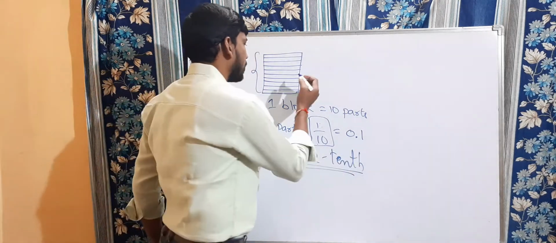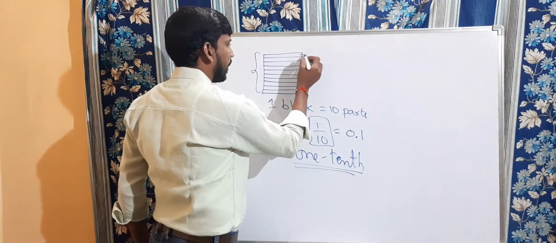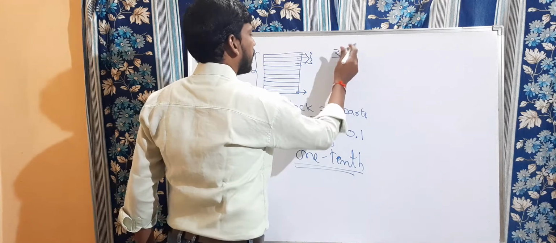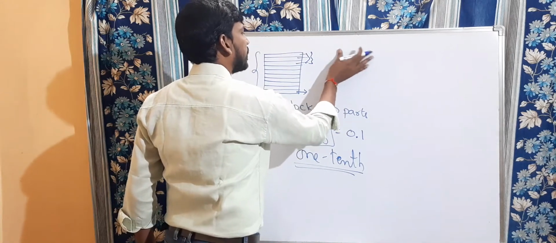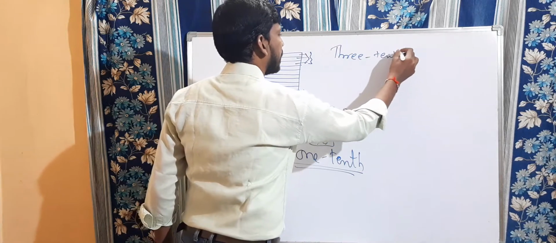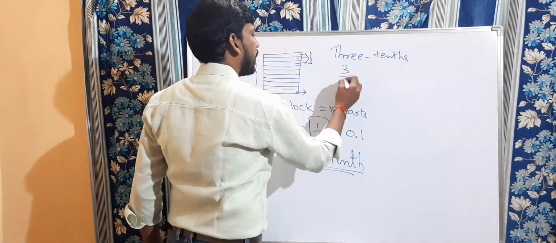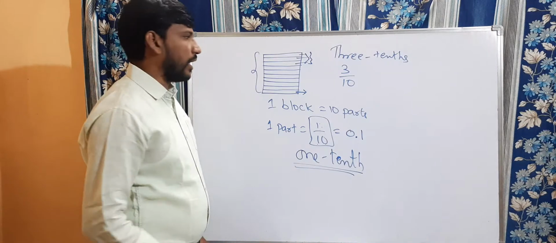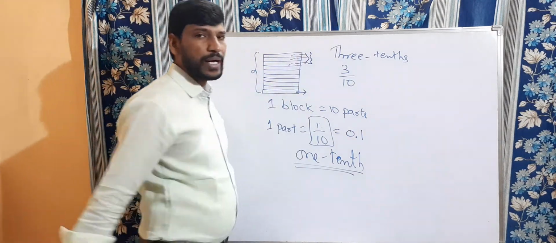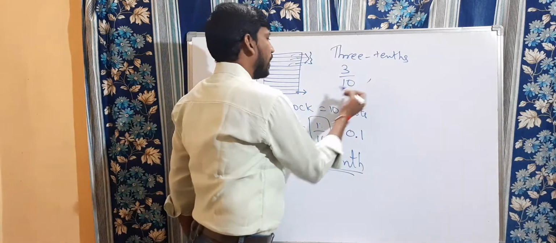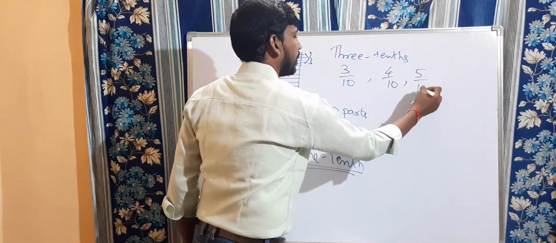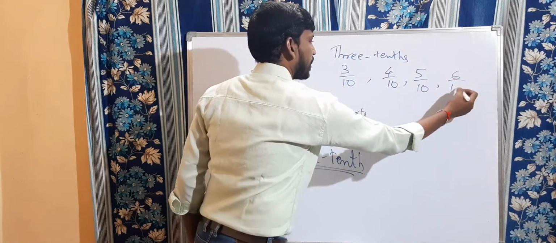Or suppose I'm taking these three parts. That is 3/10. We are collecting 3 parts out of 10 parts, so that is nothing but 3/10. If I collect 4 parts, that is 4/10. 5/10, 6/10.